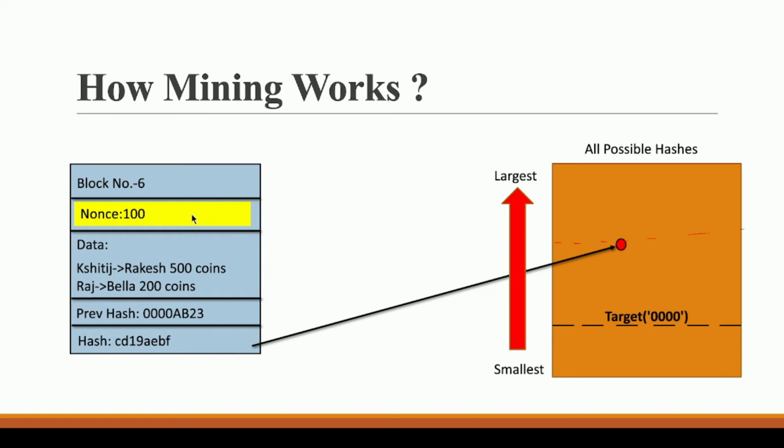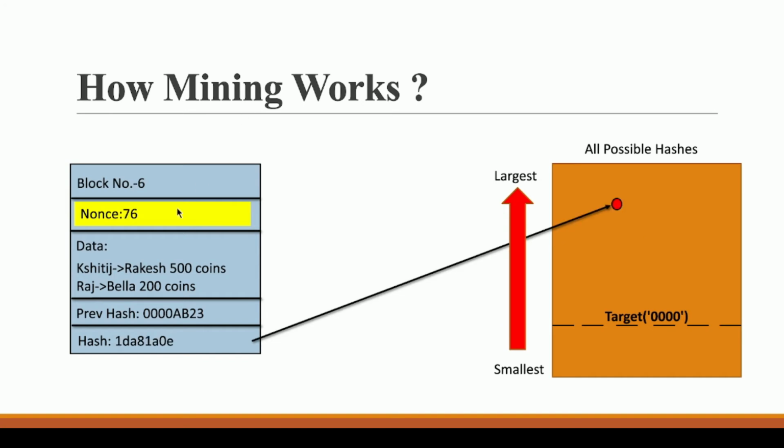Now when we change the nonce to 76, the hash changes, and now we are at this position. An important thing to notice here is that none of the nonces we have generated so far is below the target. And we have seen in the definition of the target that the block hash we generate must be below the target, so that we can create a block and add it to the blockchain.